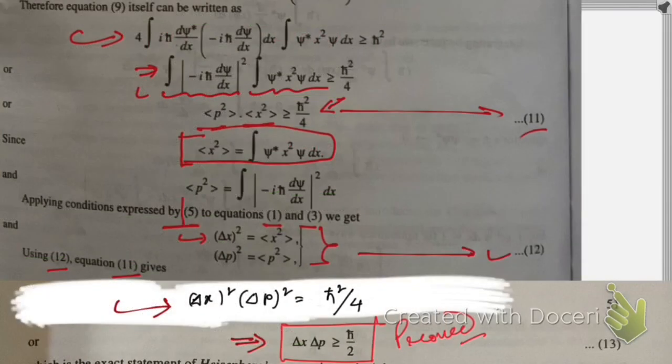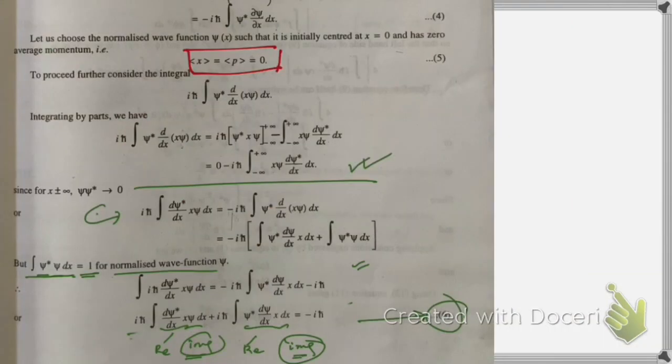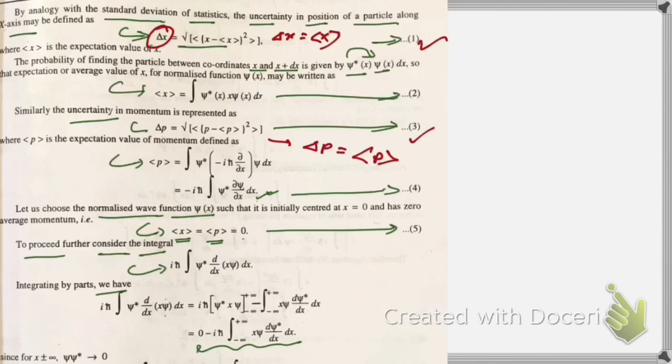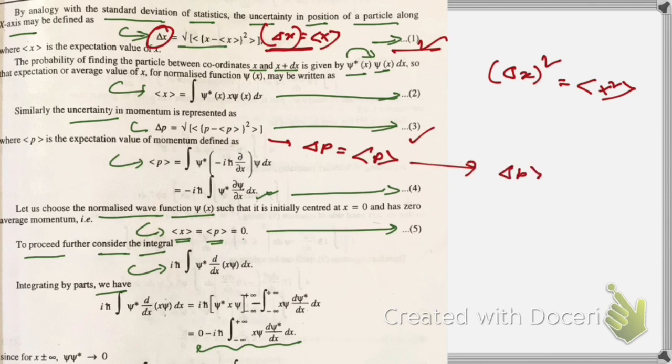So let me explain this part again. As we have applied 5 in 1 and 3, we have got these two: del x is equal to expectation value of x. So you square both sides, then you will get del x square will be expectation value of x square, and from here you will get this, right?